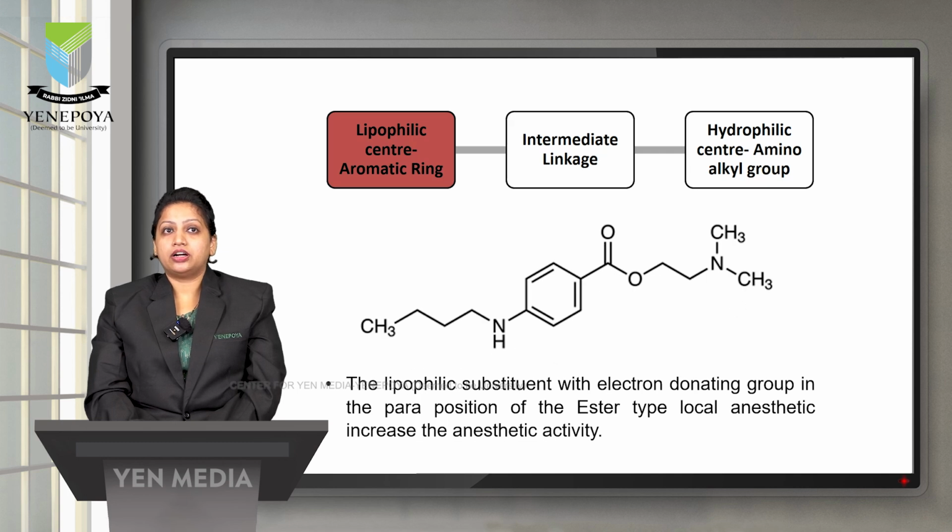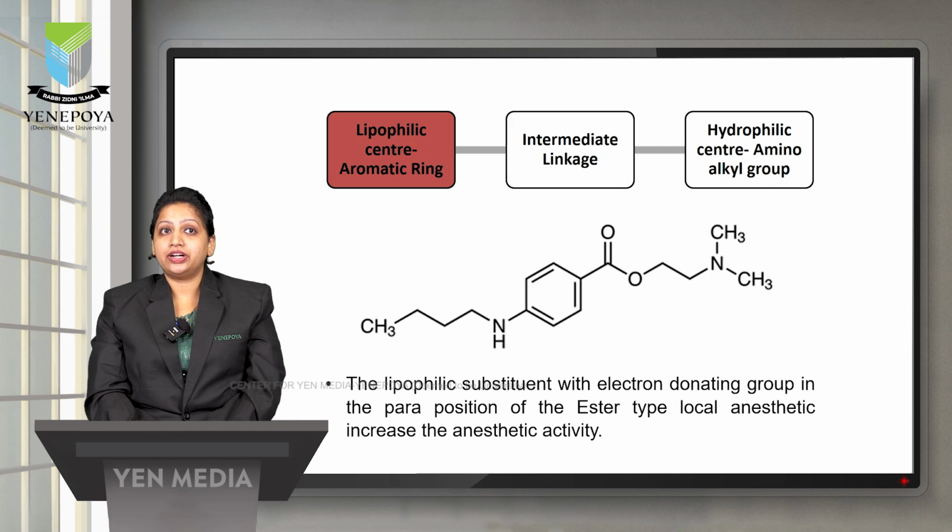The next drug you can see is tetracaine. Tetracaine is an example of alkyl amine substitution. The presence of an alkyl homologous series increases the partition coefficient with the increasing number of carbon atoms. On the para position substitution, that is the amino group, one of the hydrogens is substituted with an alkyl group.